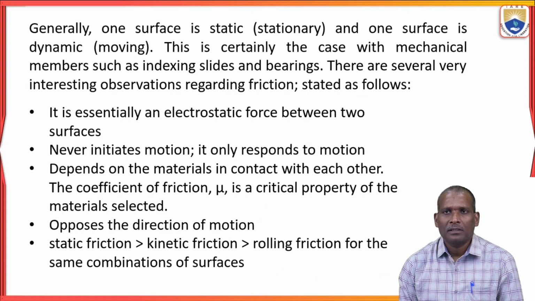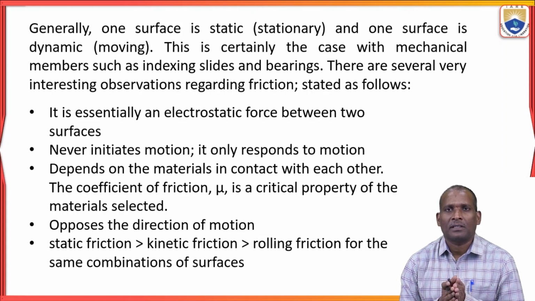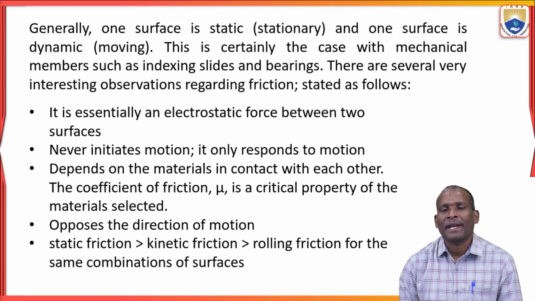Generally, one surface is constant, that is, static, stationary, and one surface is dynamic, that is, a moving element. One is a moving surface, another is constant, static. This is certainly the case with mechanical members such as indexing slides and bearings.